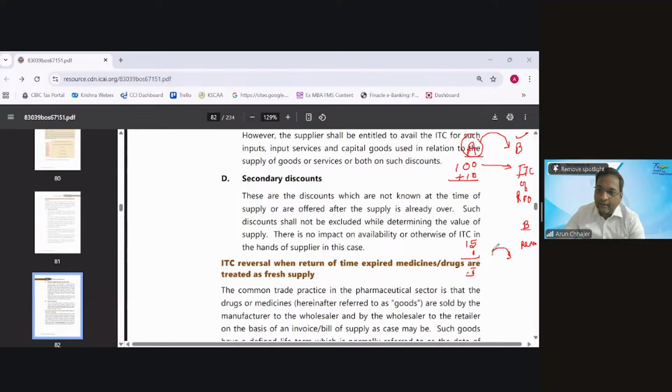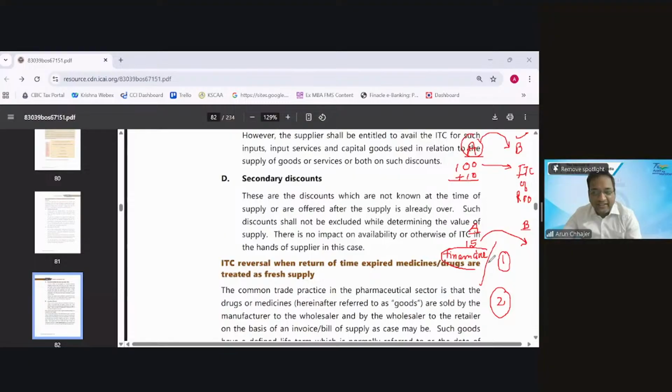Reverse the ITC. Now let's say because the conditions are not satisfied, B is getting the discount, but it is a financial or commercial credit note. There are two questions being asked to Mr. B, which you will give the answer.